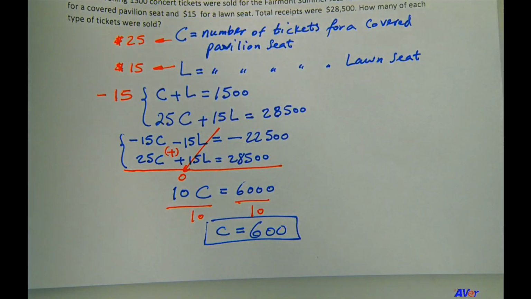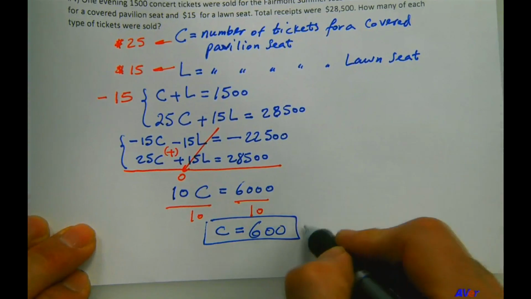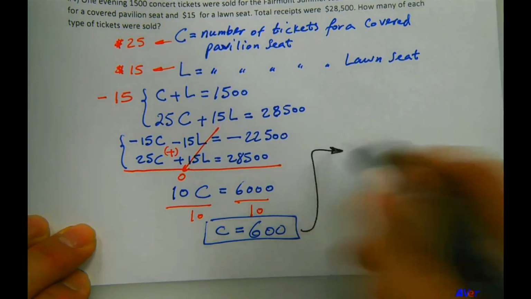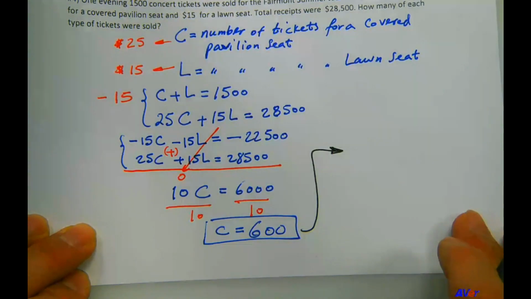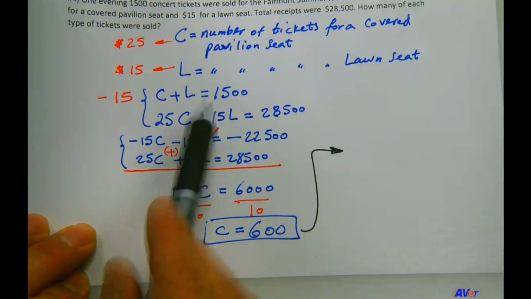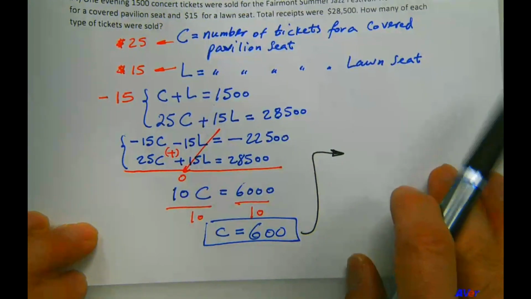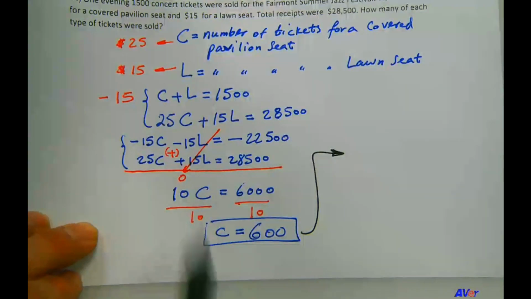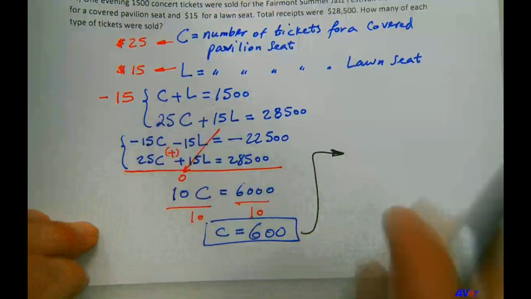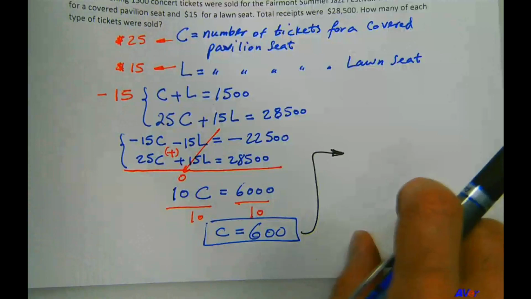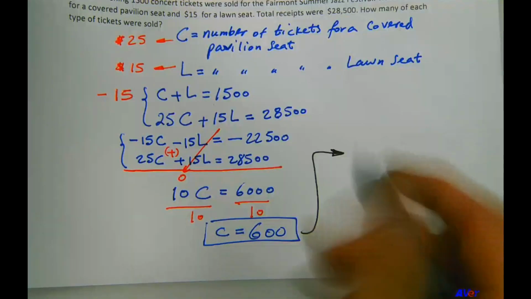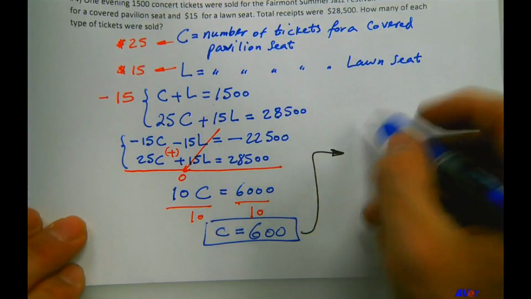What about the lawn seats? How many of those? Well, that's easy to determine because we knew that total number of tickets sold were 1,500. Right? So let's plug into that equation for C with 600 and solve for L. We already know L must have been 900 tickets, right? But this is how we can arrive at that.